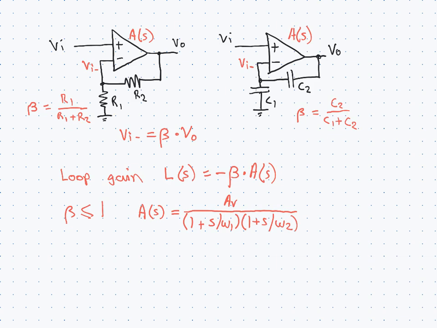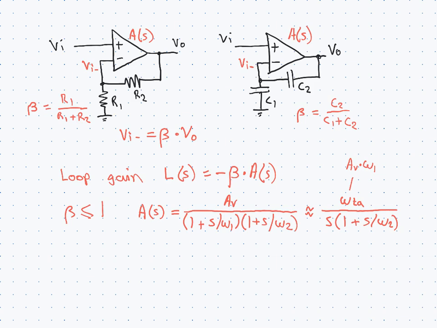Now, if we are looking at what happens up at the higher frequencies, which is where stability becomes an issue, and we assume the two poles are separated, we can ignore this one here, which means that we can write the op-amp open loop gain like this, where omega TA is the op-amp gain bandwidth product.